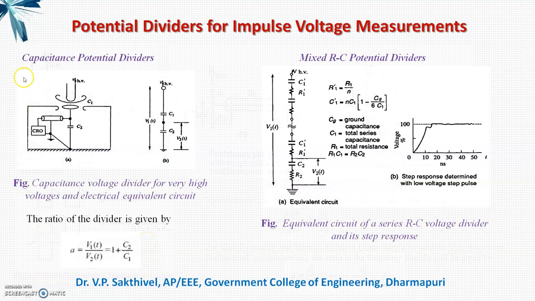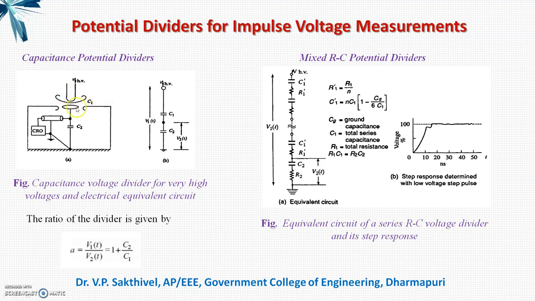And the next one is the capacitance potential divider. Here the capacitance C1, similar to the resistance potential divider, is used in order to avoid the effect due to the presence of harmonics. To avoid that, we are using capacitance potential dividers.